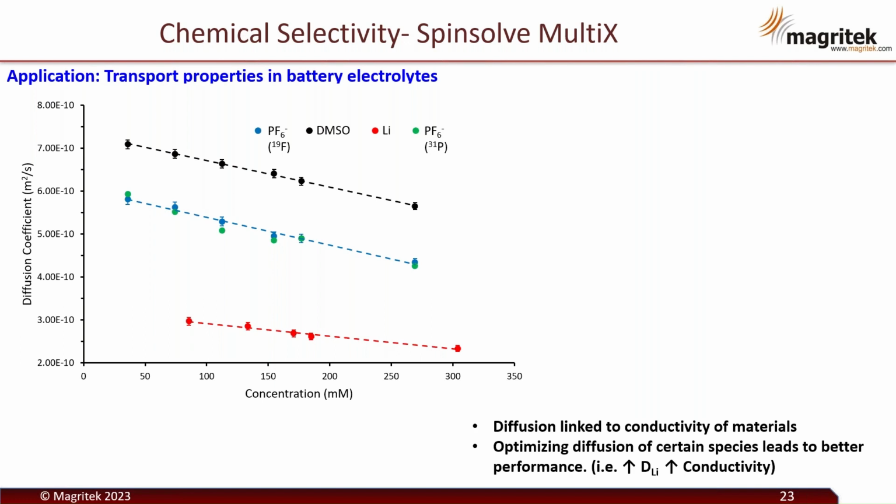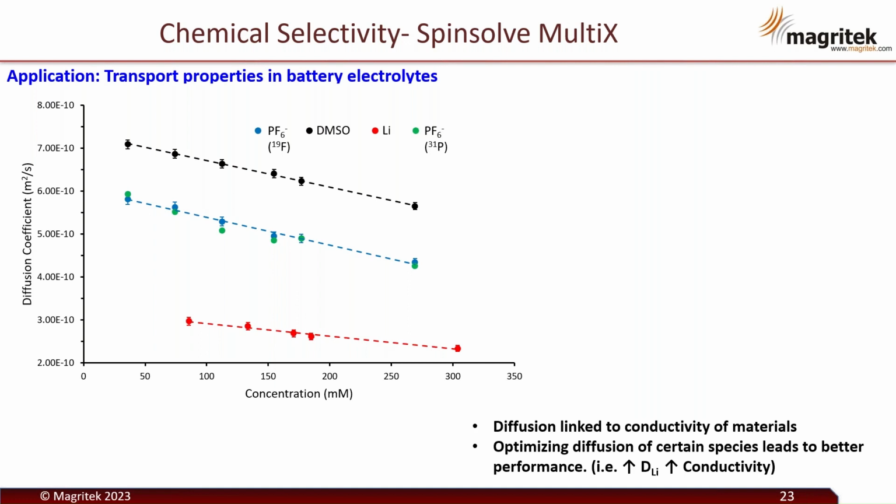Both the PF6 diffusion from phosphorus and fluorine match quite well with one another, as presented by the green and blue dots. One thing that's important here is we see that as the concentration of these individual species increases, the diffusion coefficient decreases. This is quite important in this particular application, as the diffusion of these species is linked directly back to the conductivity of these materials.